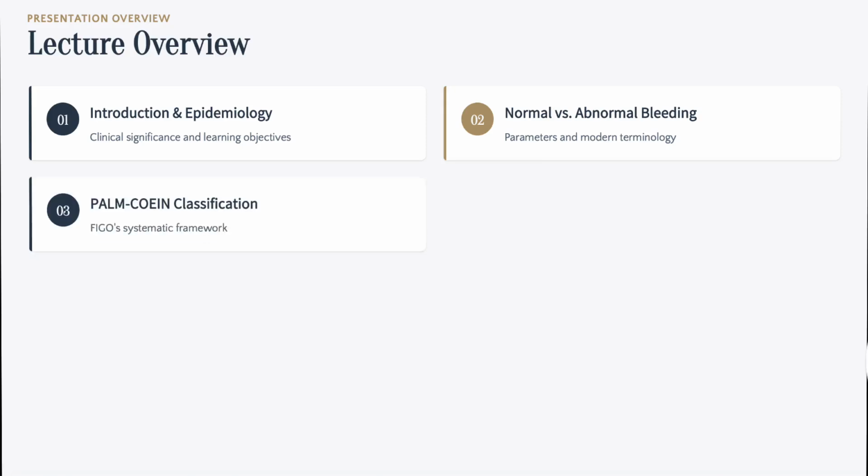But the core of our discussion will focus on the PALM-COEIN classification system. This is FIGO's brilliant framework that ensures we don't miss any potential causes.